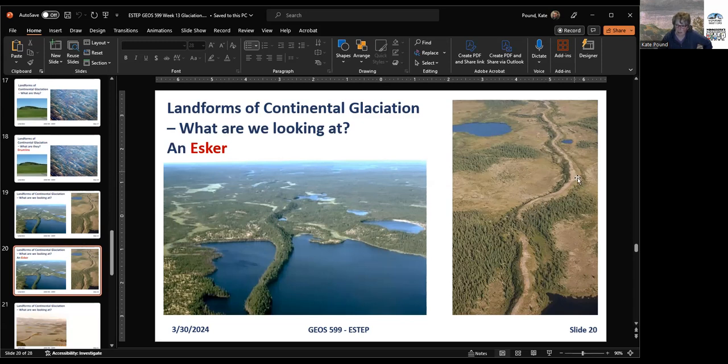I think it might be the Barron's esker. Anyway, they often act as highways for animals because everywhere in the low-lying areas are really swampy. The eskers are more upstanding. They're made of gravel, so they become animal highways.